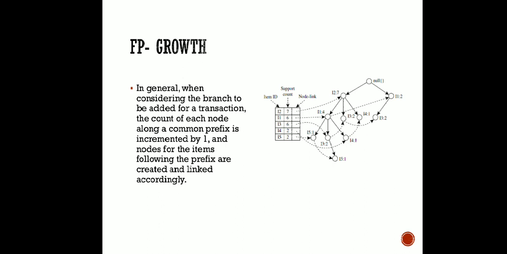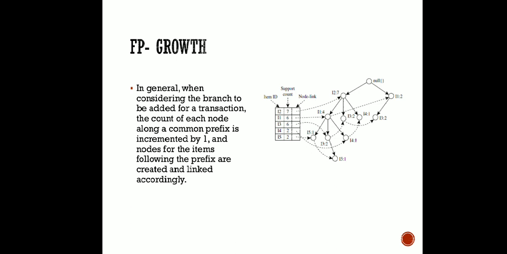If you proceed like this, you will have to consider T300, then T400, and the time will come when all the counts have changed. Ultimately the count of I2 will become 7 and the count of I1 will become 6. You can see in the diagram itself, I1 has a value of 4 here, and I1 has another value of 2 there.